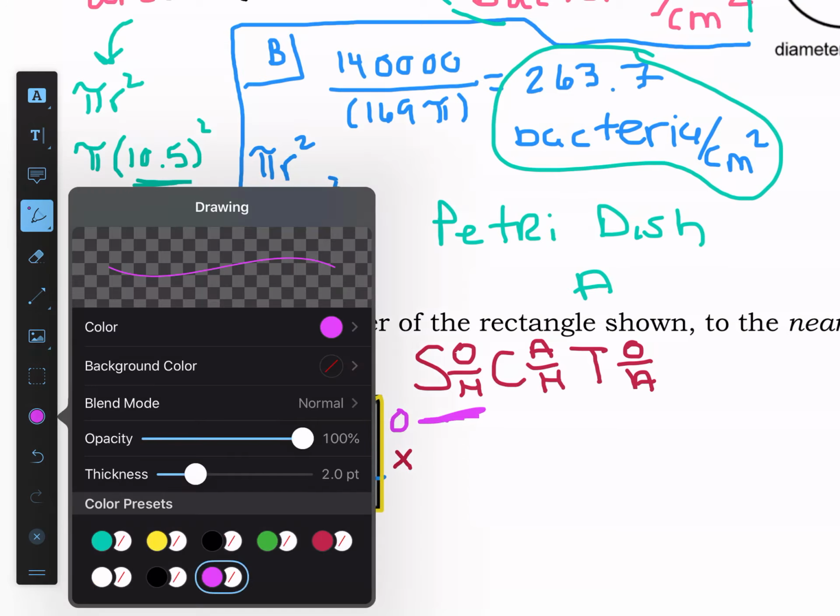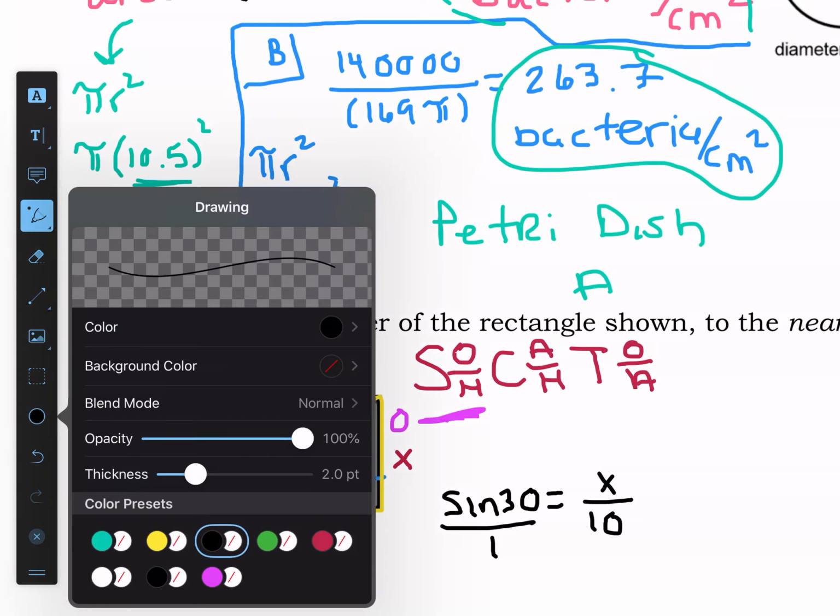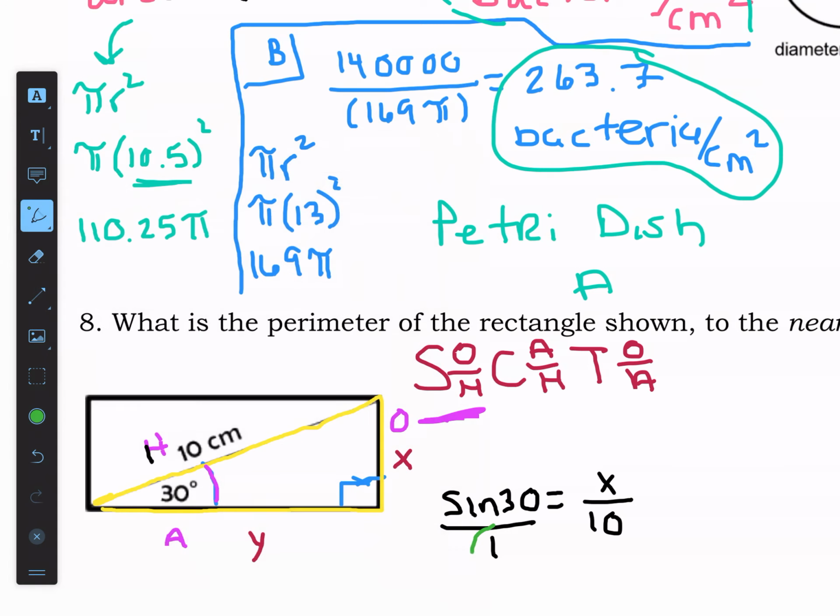So we are going to set this up as sine. Remember, the degree measure always goes with the trig function, so sine of 30 equals X over the hypotenuse, which is 10. Okay, I'm going to put that over 1. And now what we're able to do is cross multiply.